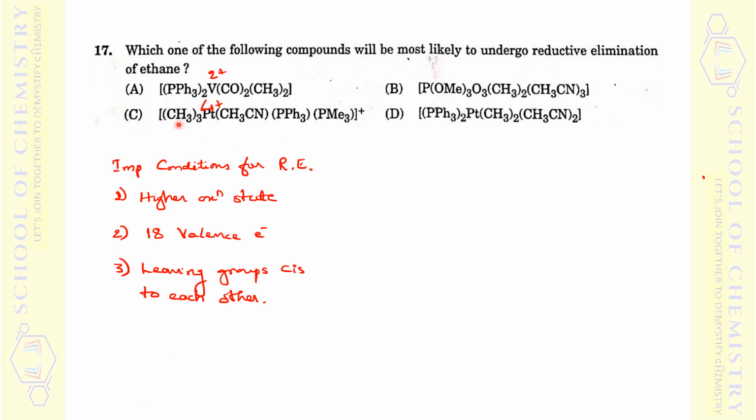CH3 is considered to be a minus group, so 4 plus and these minus make an overall plus. And in the case of option 4, it is 2 plus. As you can see here, only CH3, others are neutral ligands and no overall charge, so 2 plus.